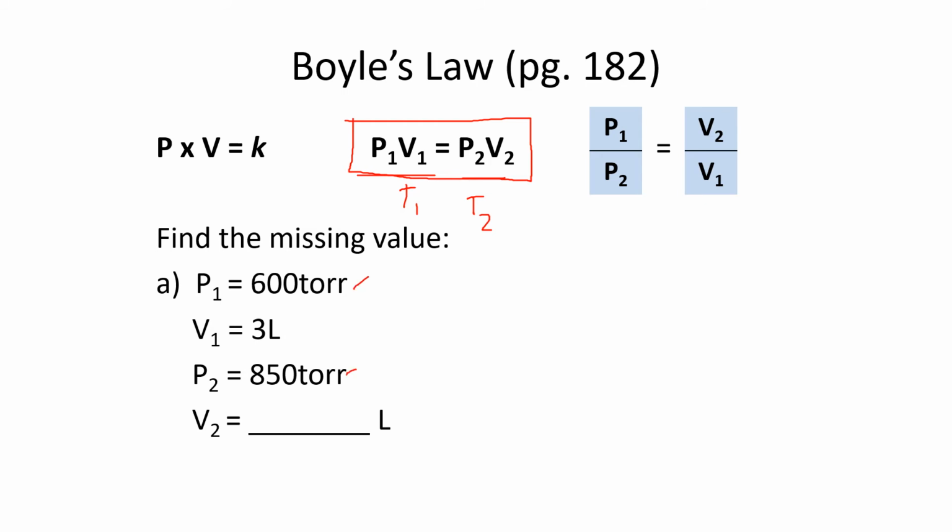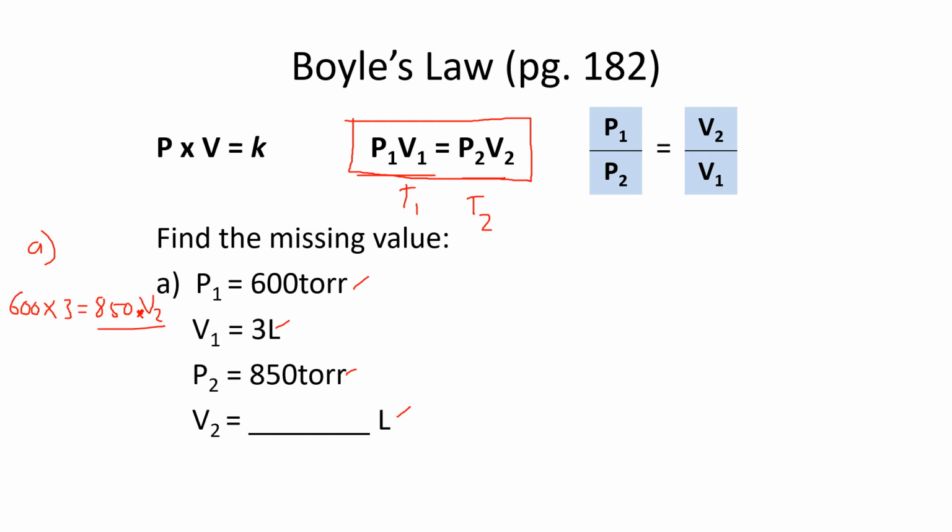So let's go and do A. Torr is in torr, liters, I'm happy. I don't have to convert the units; they'll cancel out. So all you gotta do is plug it in. 600 torr times 3 liters equals 850 torr times V2. So V2 equals how much?